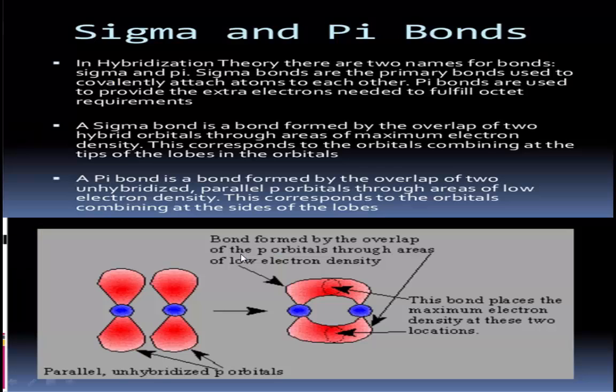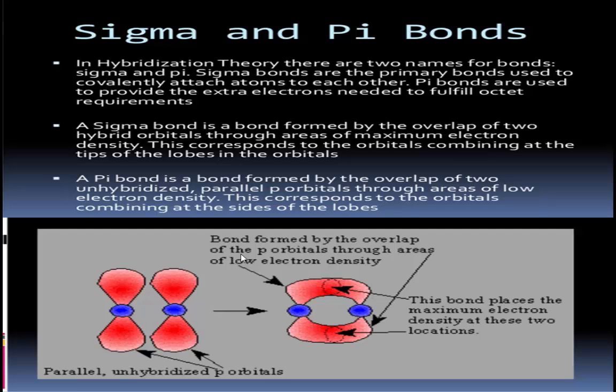Next, another point, sigma and pi bonds. Calculation of the number of sigma and pi bonds is also important in this chapter. If a single bond is present, count it as 1 sigma bond. If one double bond is present, count 1 sigma and 1 pi.